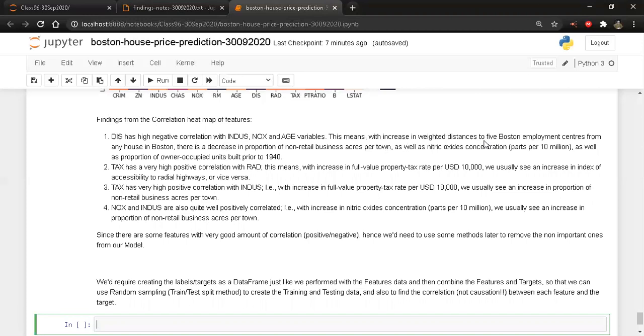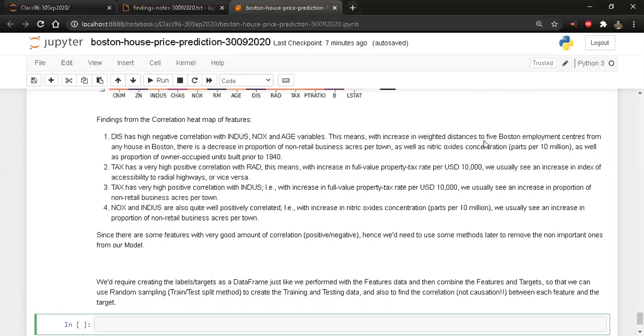So the closer we get to the employment center, the higher the proportion of non-retail business acres, the higher the nitric oxide concentration, and the more owner-occupied houses built prior to 1940. So the number of old houses is lower as we go towards the employment centers.